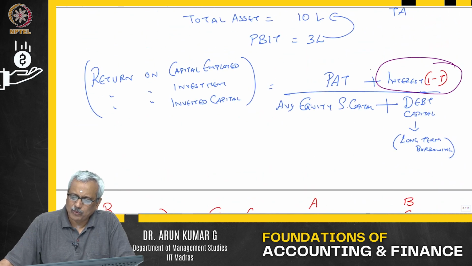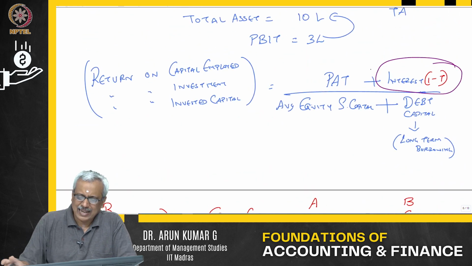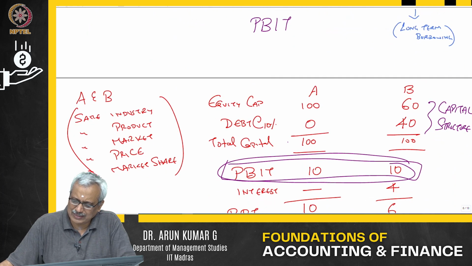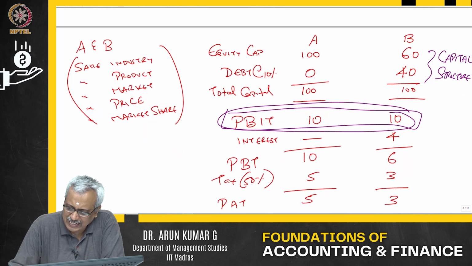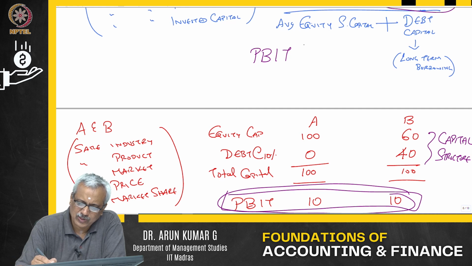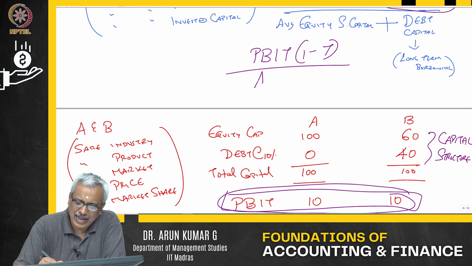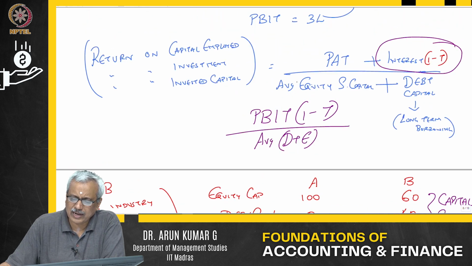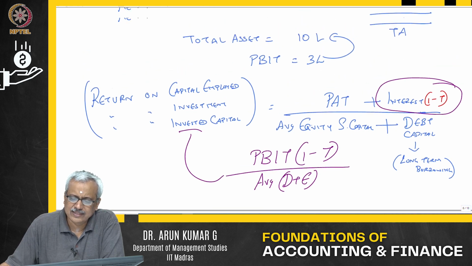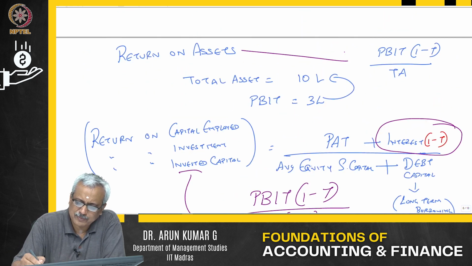Instead of doing PAT plus interest, I can just take PBIT, profit before interest and tax, because this profit before interest and tax includes the interest. On this, I will just knock off the taxes part of it, then divide by my average capital, average debt plus equity. That is all I am looking at. So, that will give me this, and the same is in this particular case also.